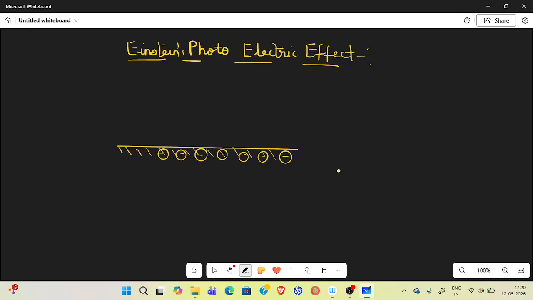So what happened was that Einstein told that the light energy which falls on this gold foil contains what? It contains a dual nature, not a particle, not a wave, but both natures.